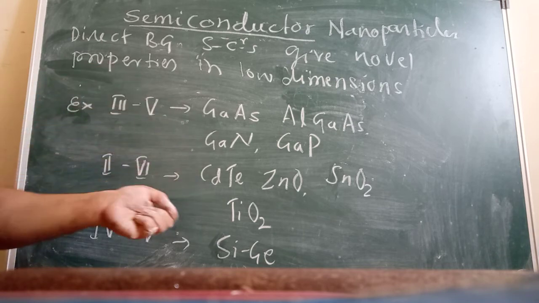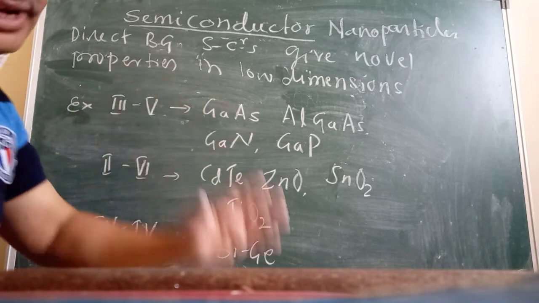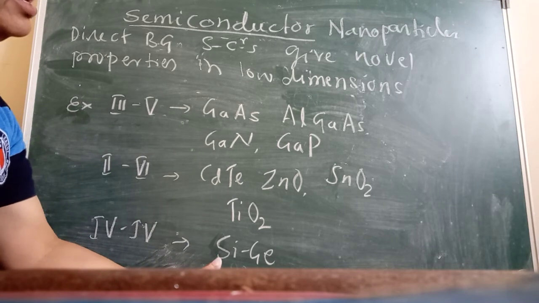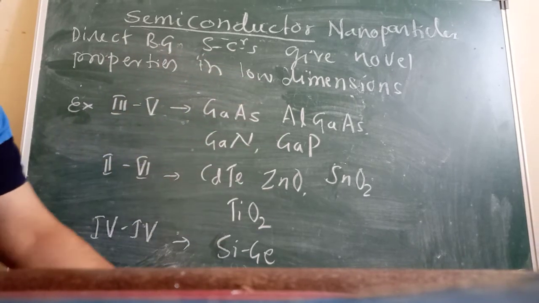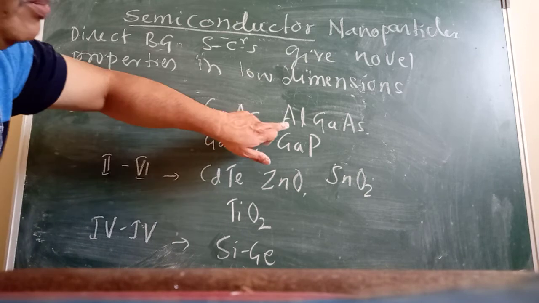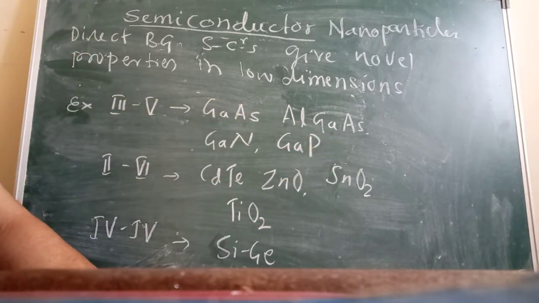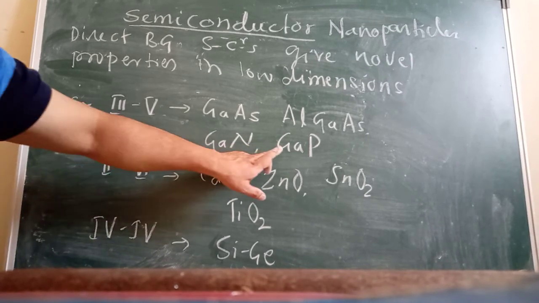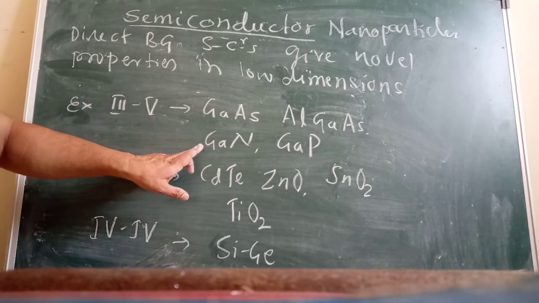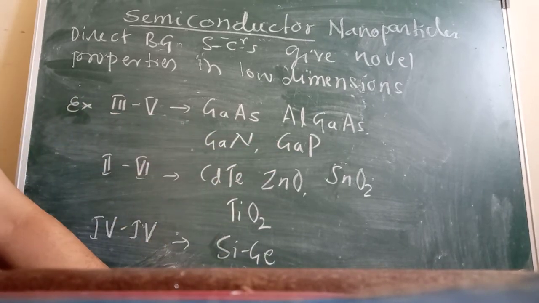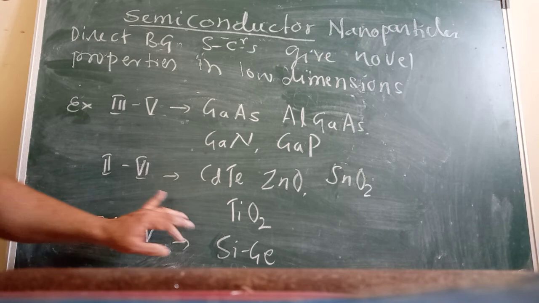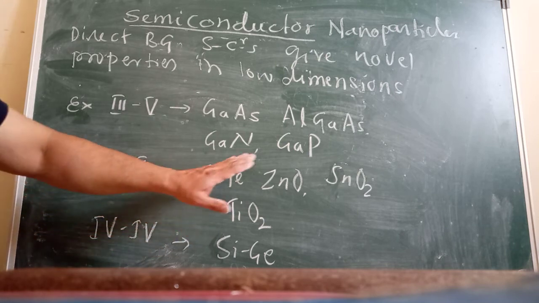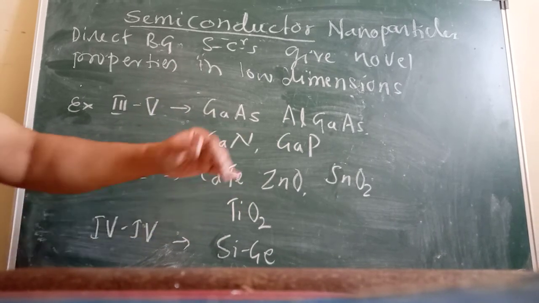By addition of some transition elements like metals, we dope these materials. For example, aluminium is doped into gallium arsenide, and its bandgap will change. In gallium nitride and gallium phosphide also we add material. Similarly, in cadmium telluride we add zinc.